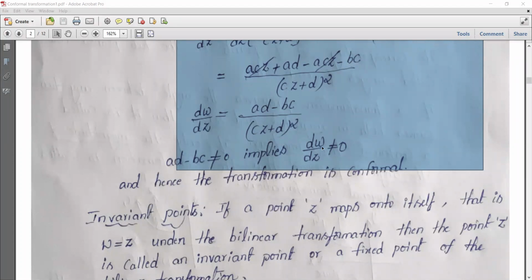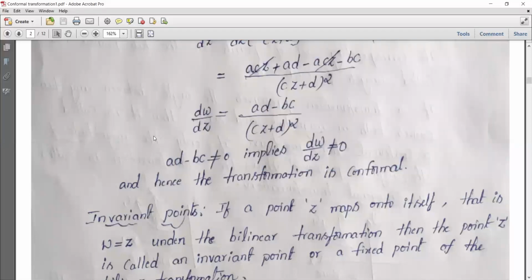So in place of dw by dz not equal to 0, you can take AD minus BC not equal to 0. Based on this condition, we can say the bilinear transformation is conformal.